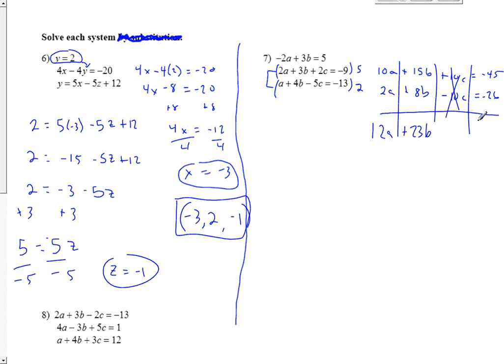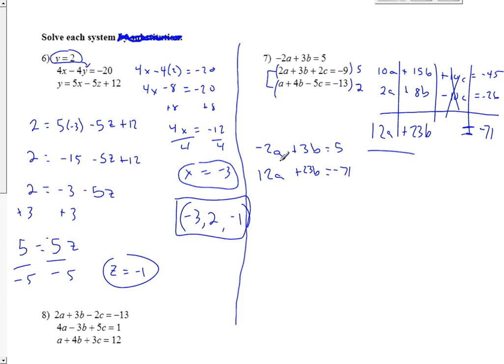The c variables cancel, and this is going to equal negative 71. Now we have an equation involving a and b with our new one, and also from the first equation. So let's work with those. Negative 2a plus 3b equals 5, and 12a plus 23b equals negative 71.